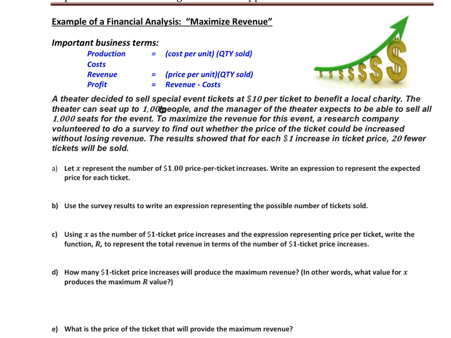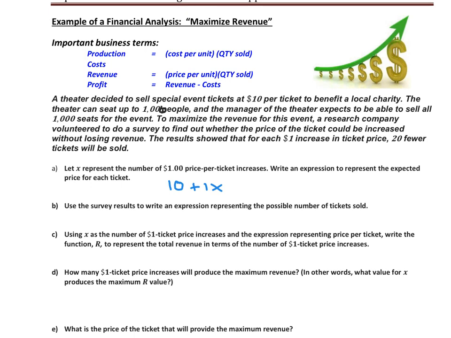Okay, so the first letter A here, let X represent the number of $1 price per ticket increases. So write an expression to represent the expected price per ticket. So the expected price per ticket is going to be the $10 plus $1 times X. Okay, so if X is 0, if we're not going to increase it by $1, then the price of the ticket would be $10.